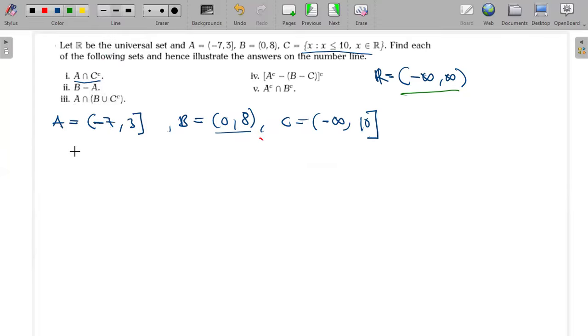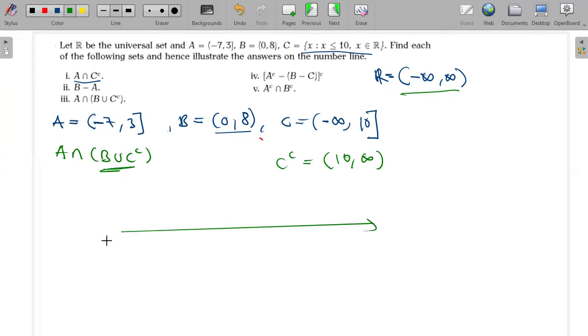So next you have A intersect (B union C complement). So you can find this first, which is your B union C complement. Our C complement, we already found out is 10 to infinity. And then union B. Union means you're bringing everything together, those two sets. So let me draw them so you're able to see.